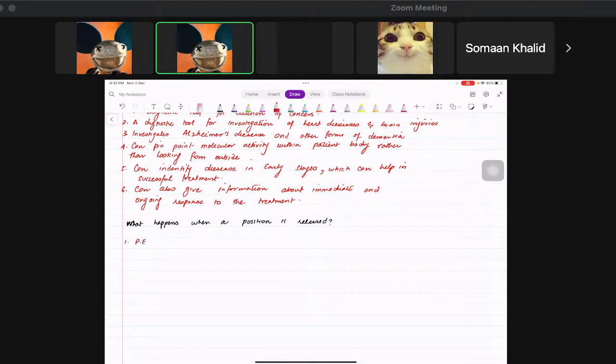Now, PET scanners require a radioactive isotope that decays by beta positive emission.